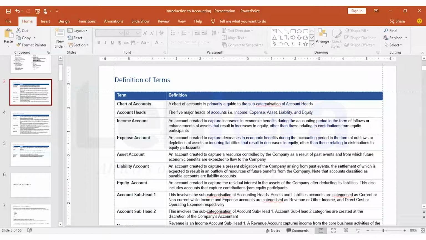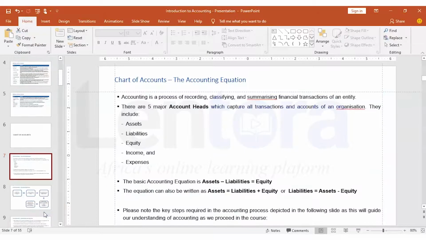That means the owners of the business own the assets of that company 100%. So you can appreciate the accounting equation that says assets minus liabilities equal equity. What you own minus what you owe will leave you with your residual interest in the entity. It's as simple as that.